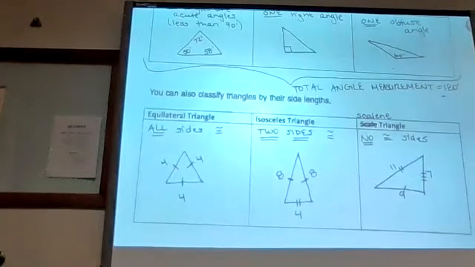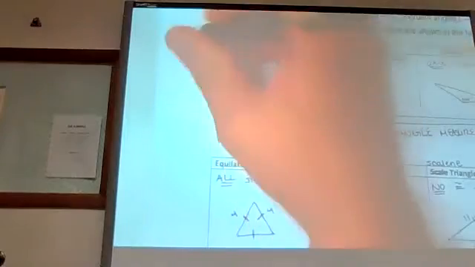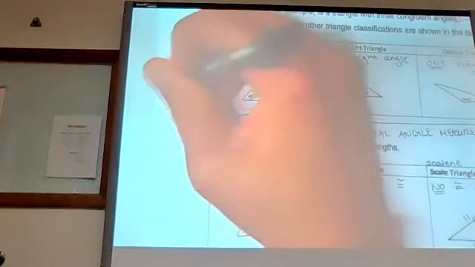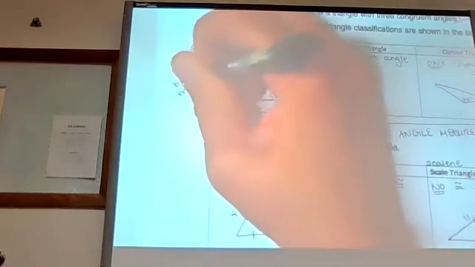Many times when we're asked to classify triangles, we're asked to give one from each of these parts. So it'll say classify the triangle by angle and sides. Up above this first table, this would be classify by angle measurement.